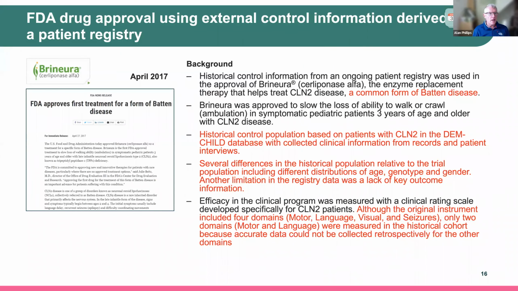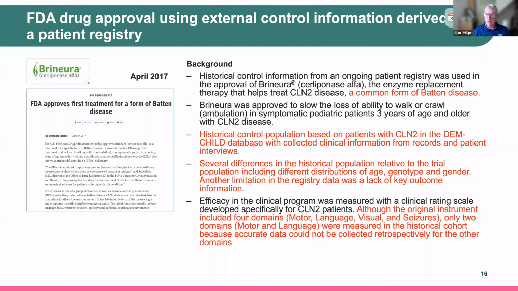Another one is Brineura. Again, these are all in the public domain, so you can go and look at this. The FDA approved it for the treatment of a common form of Batten's disease. They used a historical control population. They were initially looking at 4 domains, 4 assessments, one on motor, one on language, one on visual, and one on seizure.